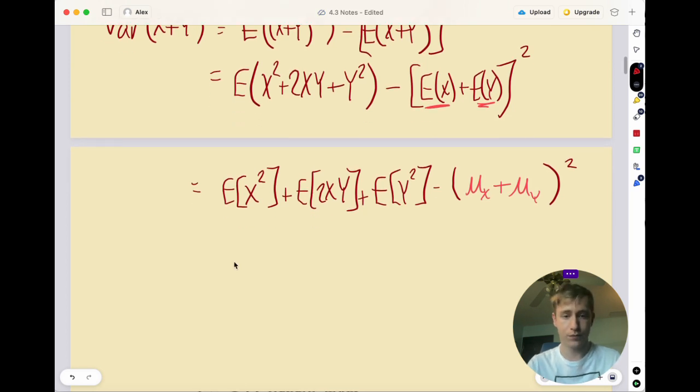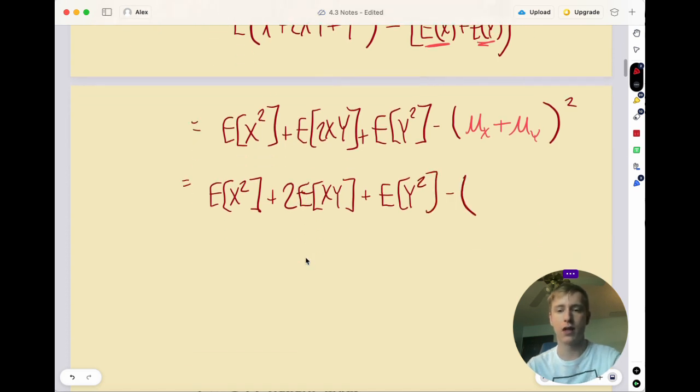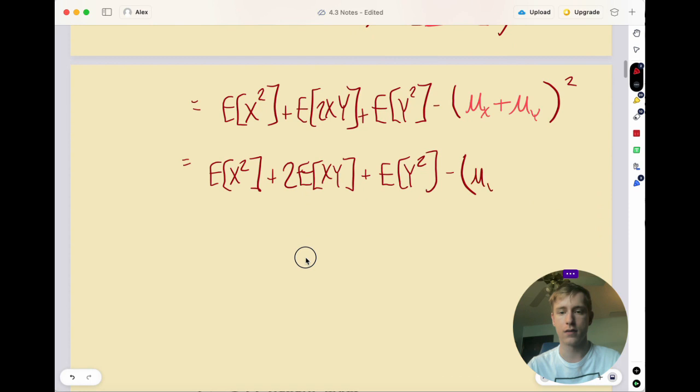Okay, but we know how this game goes. We can pull this 2 out just without doing anything. So we get the expectation of x squared plus 2 times the expected value of xy plus the expected value of y squared minus, and then we're just going to FOIL this out. We're going to get mu sub x squared plus 2 mu sub x mu sub y plus mu sub y squared.